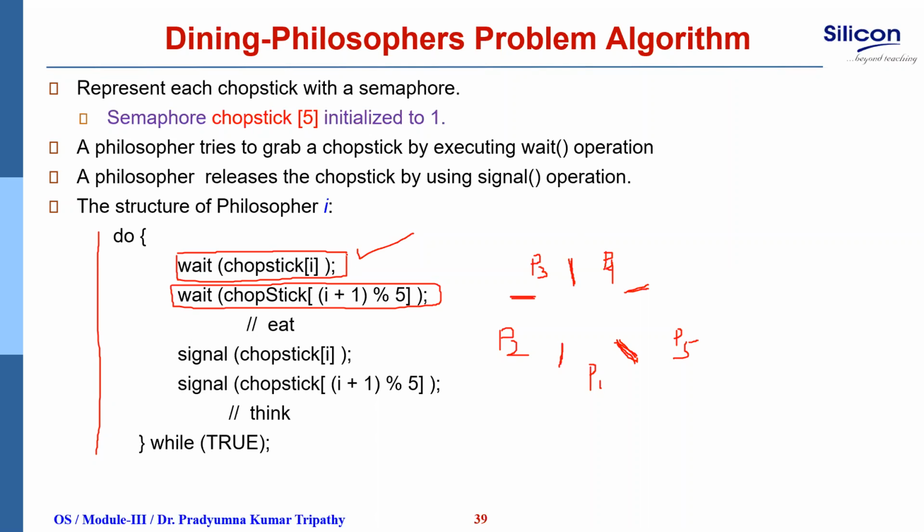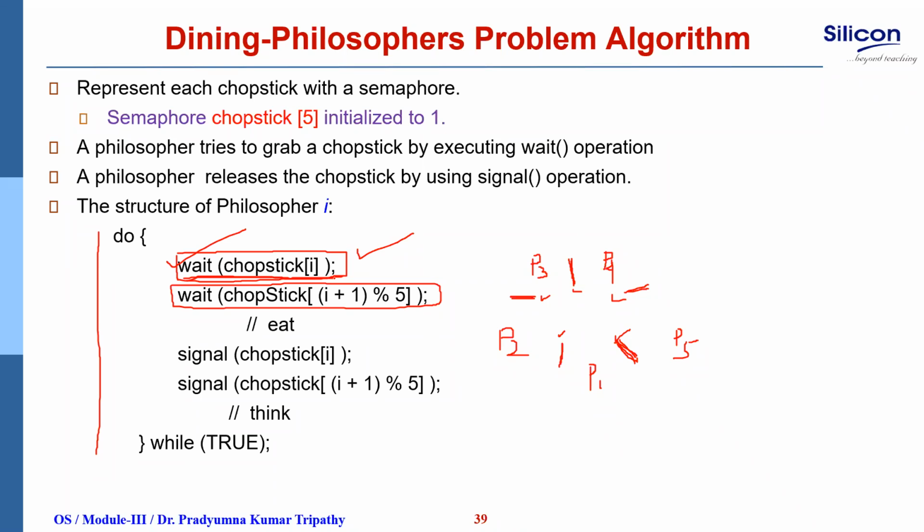So when the first instruction is executed, P1 may have acquired this, P2 may have acquired this, P3 may have acquired this, P4 may have acquired this, and P5 may have acquired this. So all of the processes, while executing the first instruction, wait chopstick of I, must have acquired one chopstick, maybe the left or right, any one of the chopsticks.